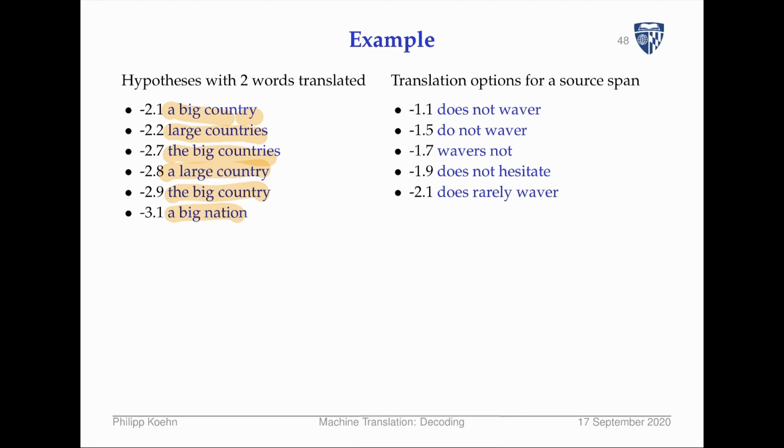Maybe we translate it from Chinese, where that is not even indicated. And then we continue with some kind of verb phrase, but we don't know if it's does not waver, do not waver, wavers not, does not hesitate, does rarely waver. There are all these options here too, which is not uncommon for maybe the next one or two word verb phrase. It's a negation and a verb.